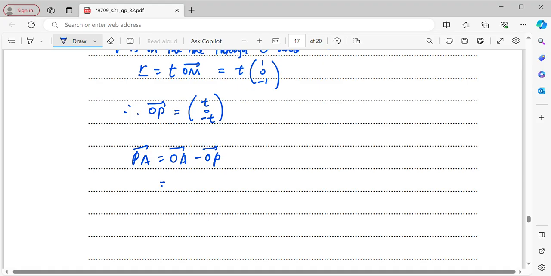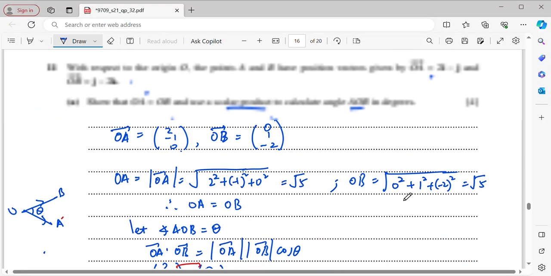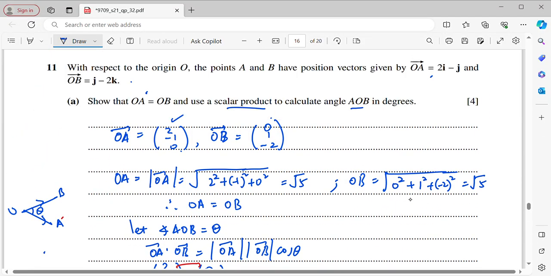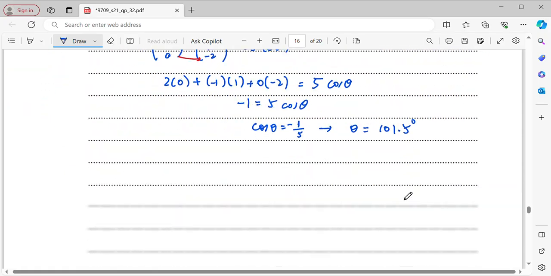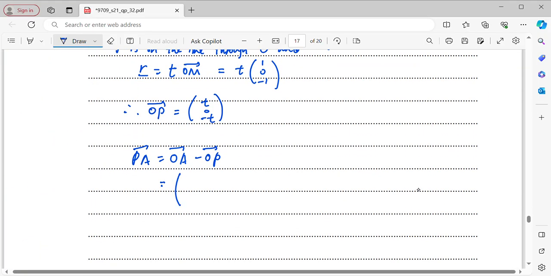OA is given in the previous part, which is (2, -1, 0). So PA is (2, -1, 0) minus the OP we just found. That gives (2 - t, -1, 0 - (-t)), and minus minus t means positive t.